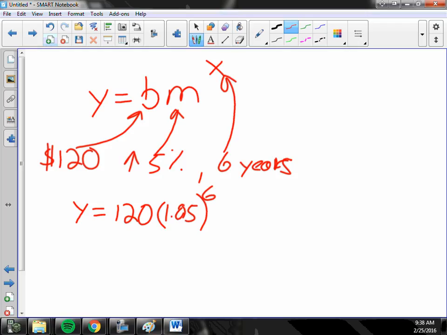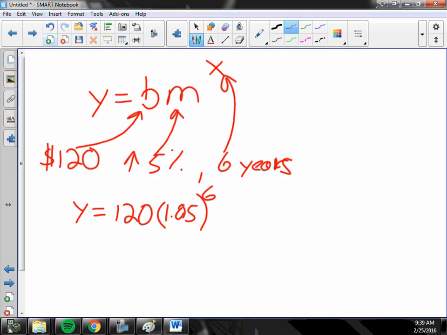Now, if I give you any three of those, you can solve for the fourth, but if x is not given, then you require logarithms. Okay, so that's kind of where we're headed. Now, this is called simple interest. It's compounded once a year.